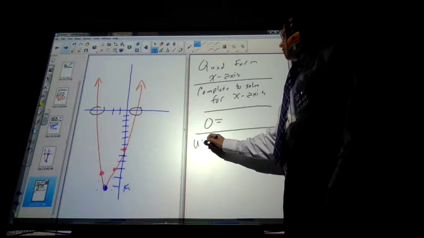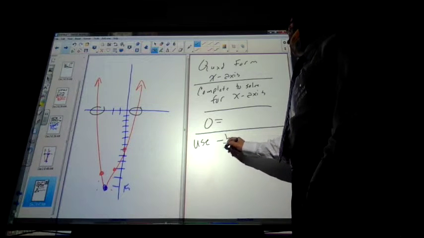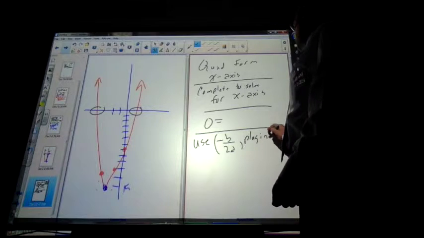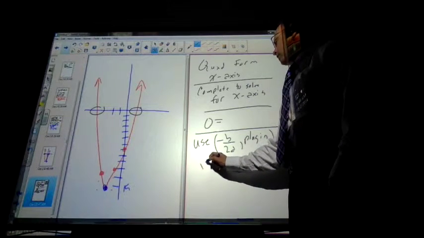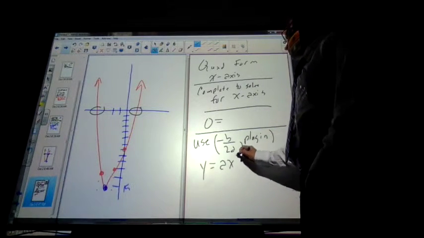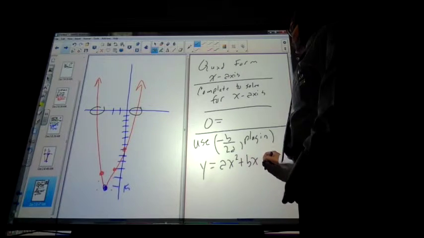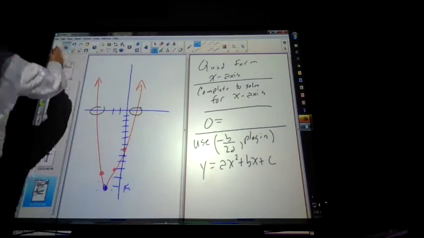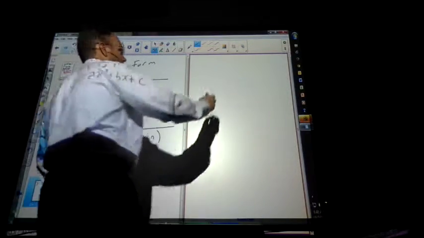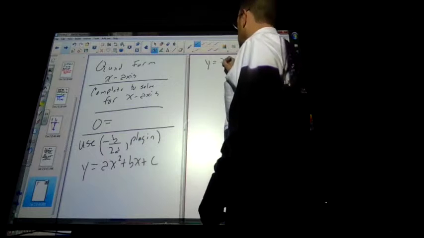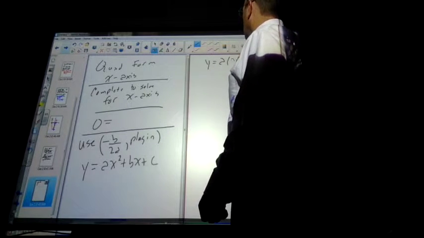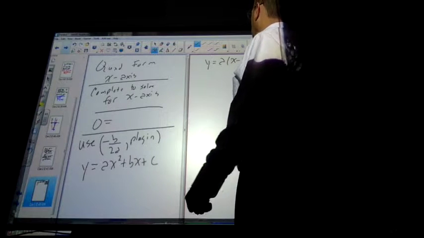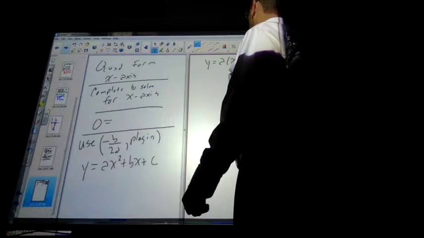You can use negative b over 2a and plug in as long as it's in standard form. Other things you can do is you can put standard form into vertex form by completing the square. They use the letters H and K to denote the vertex.